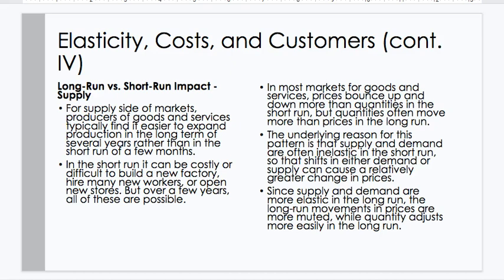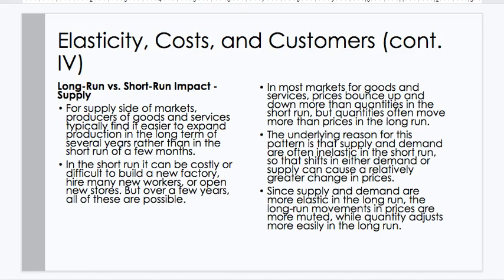Elasticity, costs, and customers, long run versus short run, continued. For the supply side of the markets, producers of goods and services typically find it easier to expand production in the long term, several years, rather than in the short run, which is a few months. In the short run, it can be costly or difficult to build a new factory, hire many new workers, or open new stores. But over a few years, all of these are possible.